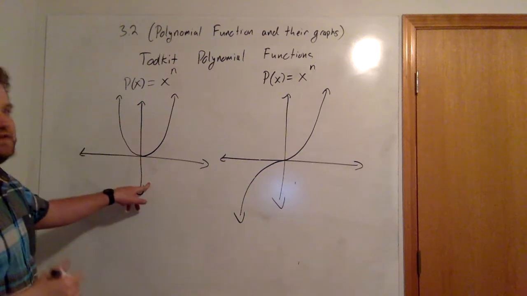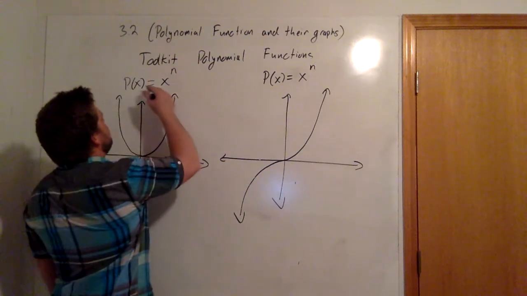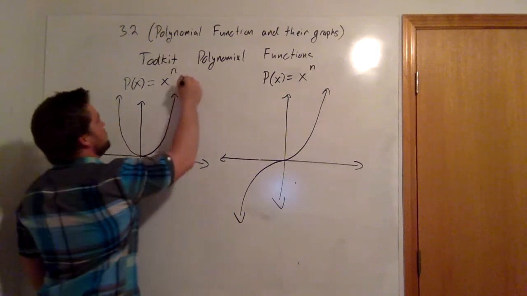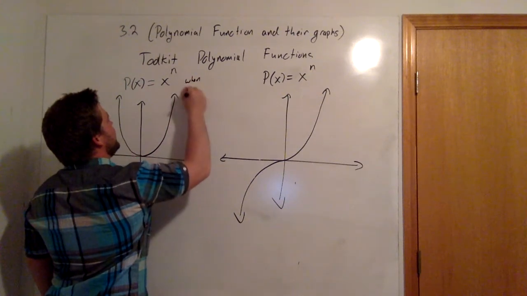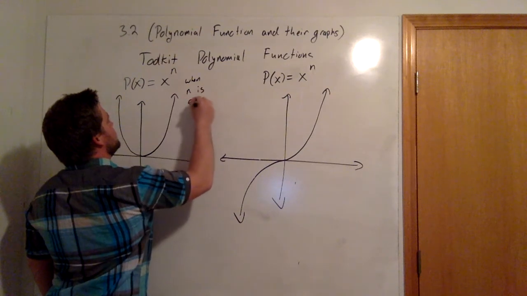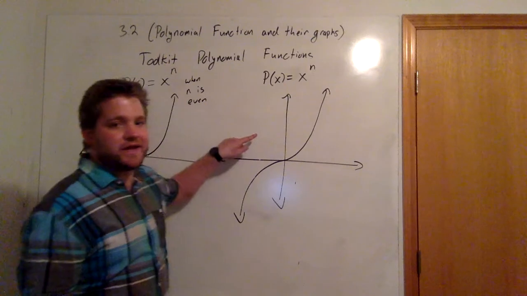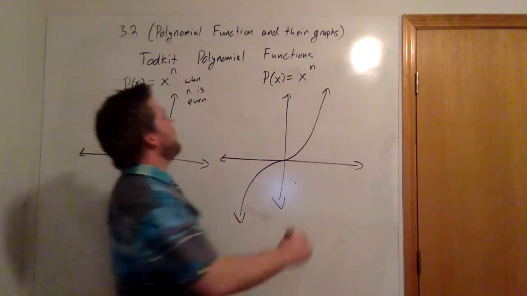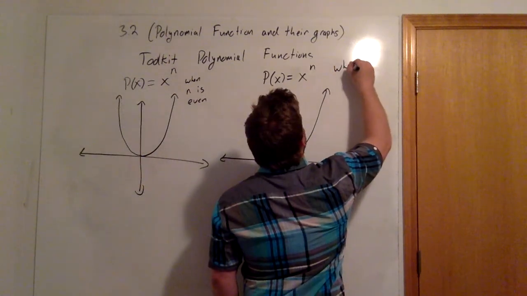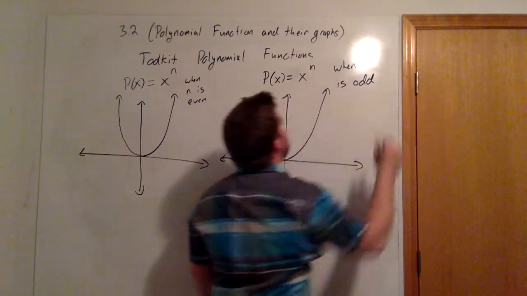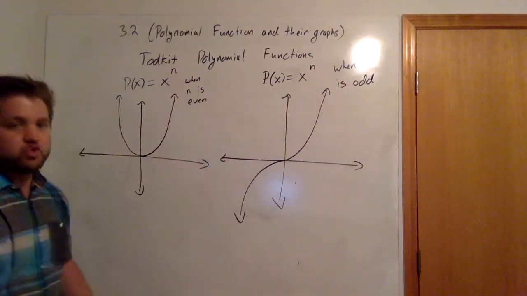When n is even, p of x equals x to the n looks a lot like a parabola. Over here, x to the n will look a lot like a cubic when n is odd. And those are our toolkit polynomials.